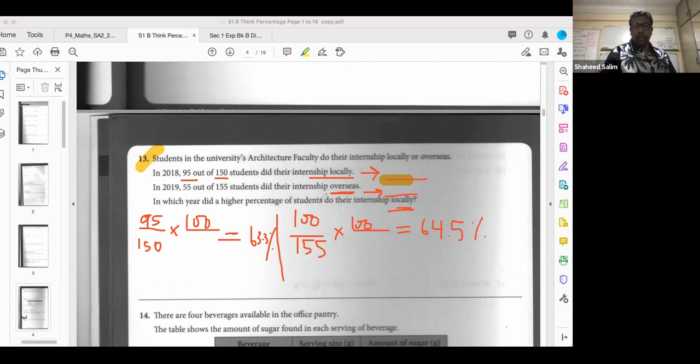So this is 2019. In 2019, there was a higher percentage of students doing their internship locally.